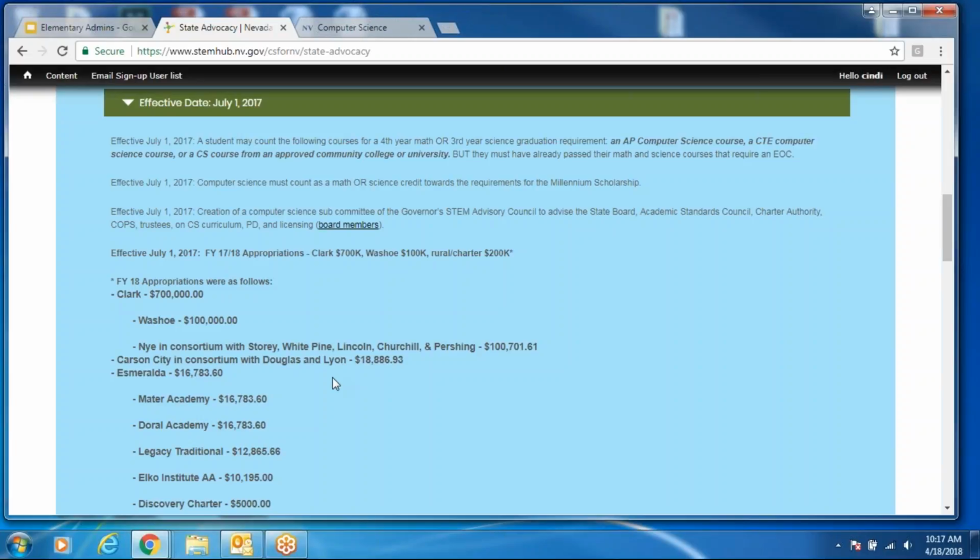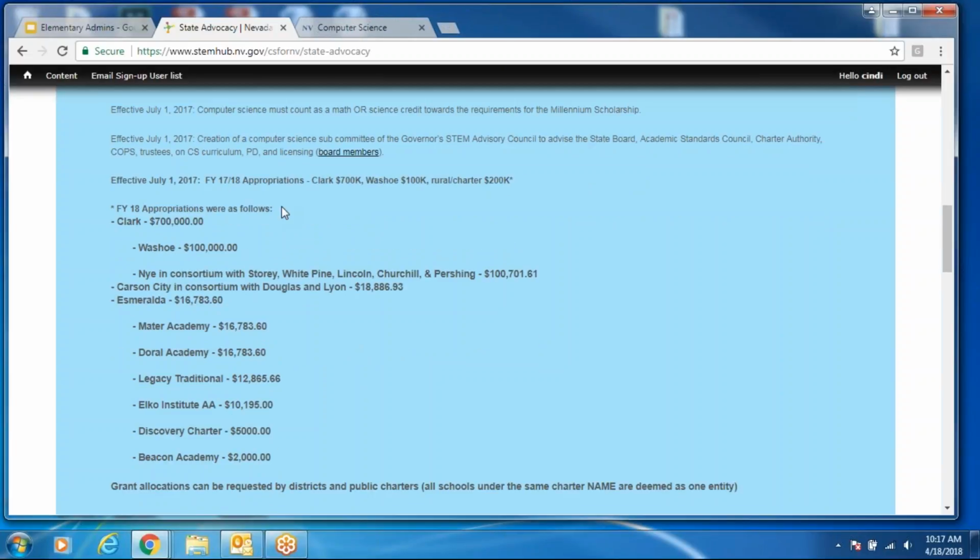These are the appropriations that were given by district. The bill has 2-year appropriations. Clark for last year received $700,000, Washoe $100,000, and then the rurals and charters $200,000 by a non-competitive application. What that means is your district leads and grant folks could put together an application.